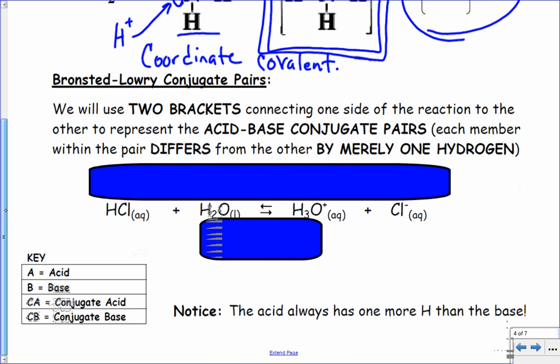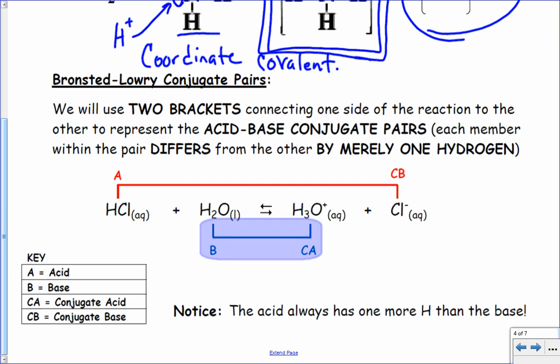Conjugate pairs. So this is something I'm going to go through, but we are not going to really hold you guys to this. We use 2 brackets just like we do our double replacements, except for now it's acids, bases, conjugate acid, conjugate base. Okay. So it says 2 brackets connecting the sides of the reaction represent the acid-base and conjugate pair. Within the pair differs from the other by merely 1 hydrogen.